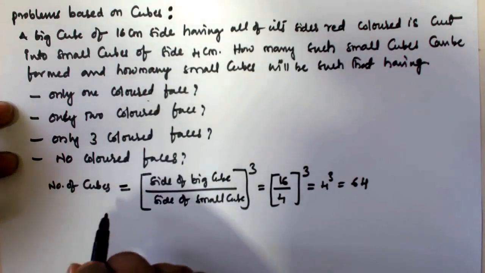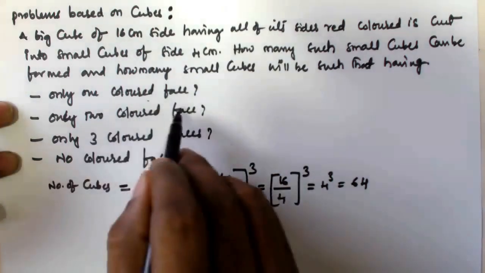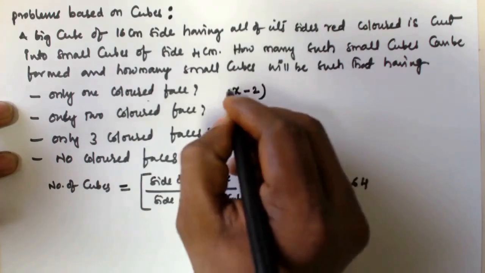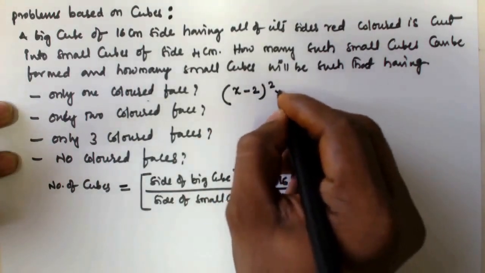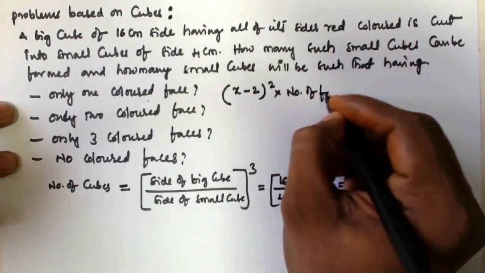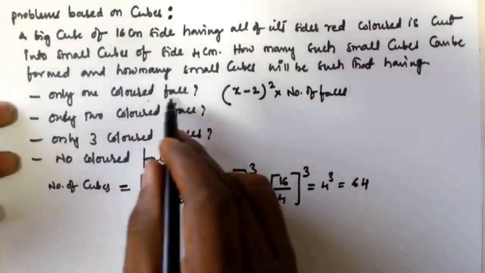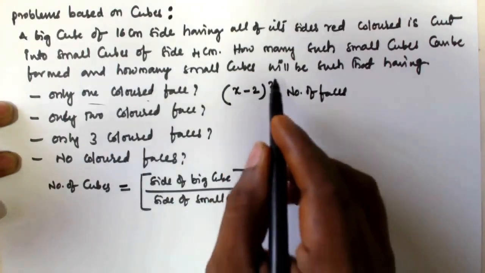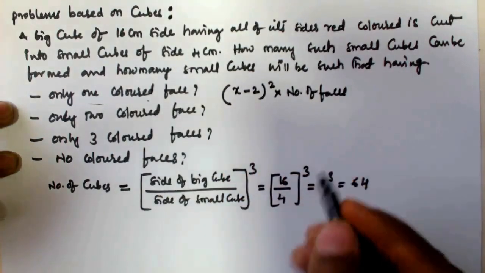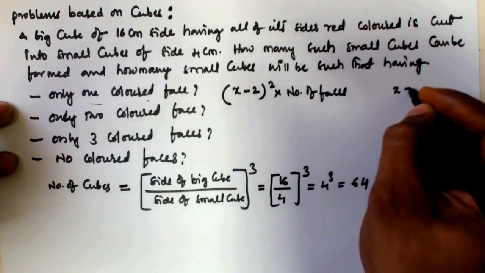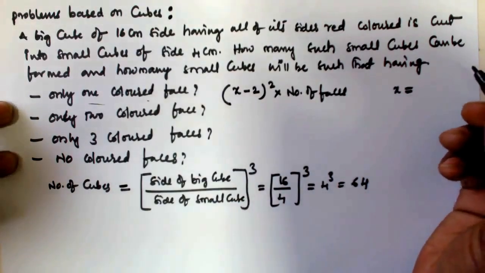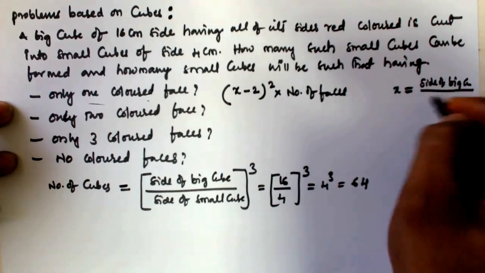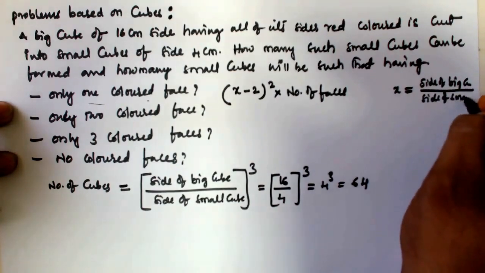The number of cubes which contain only one colored face is going to be x minus 2 whole square into number of faces, where x value is equal to the side of big cube by side of small cube.